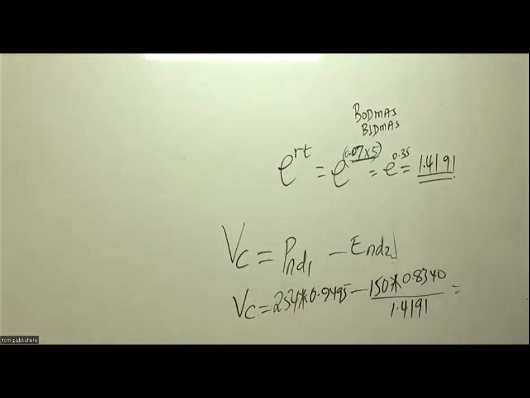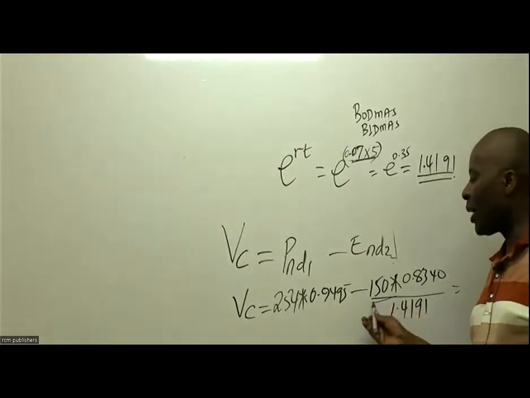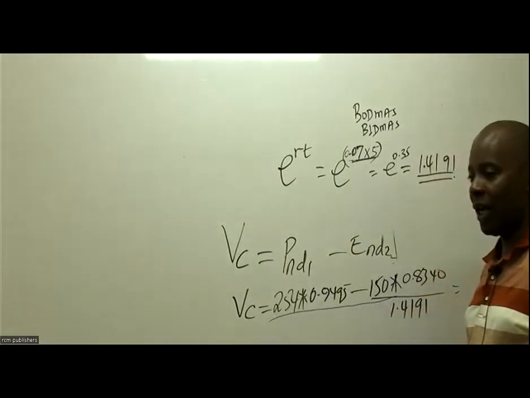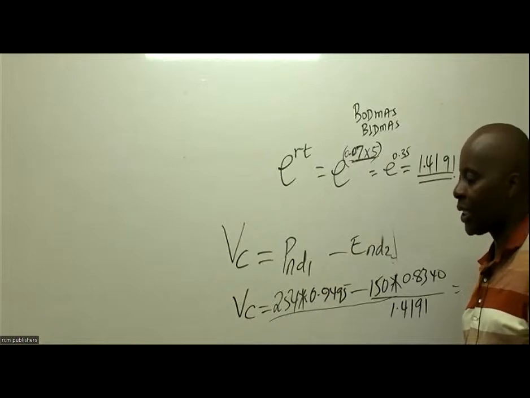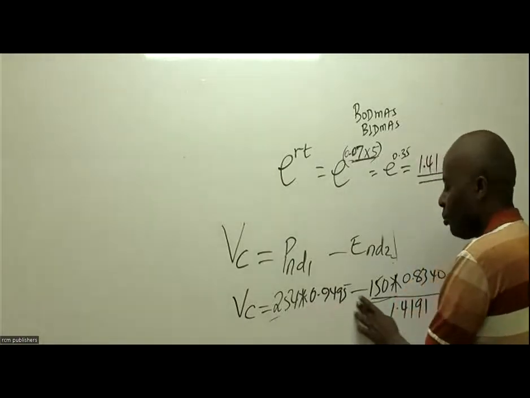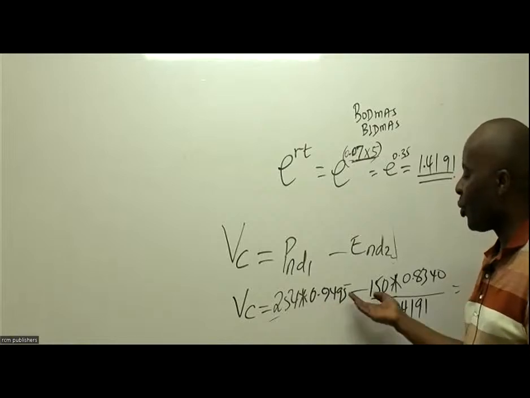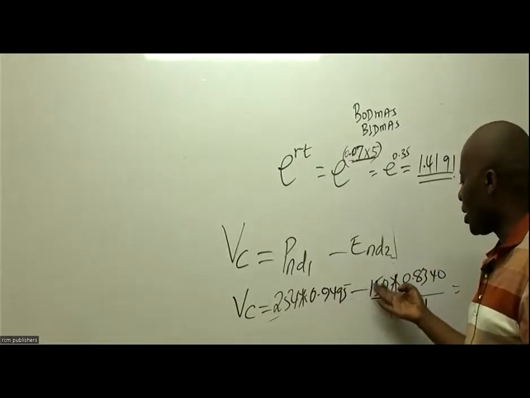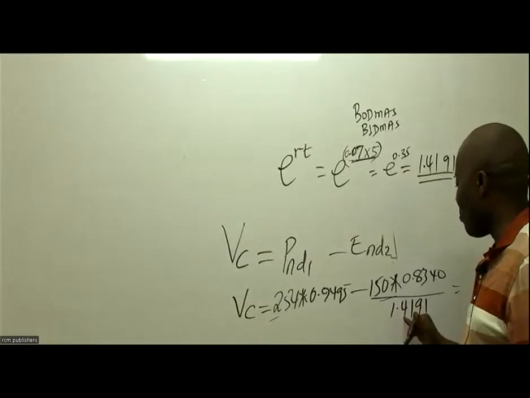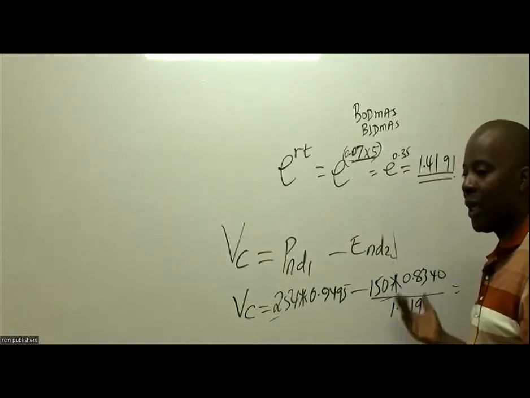What you do, your calculator has BODMAS inside there. You take this times this, and don't say equals anywhere. This times this minus this times this, you divide by 1.4191, and then you get an answer.